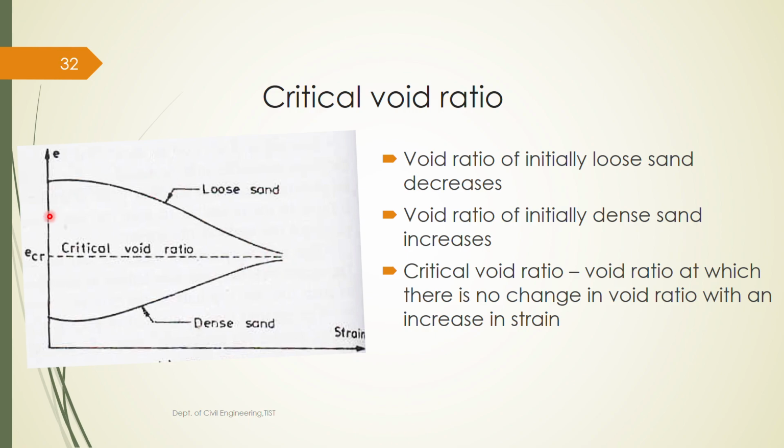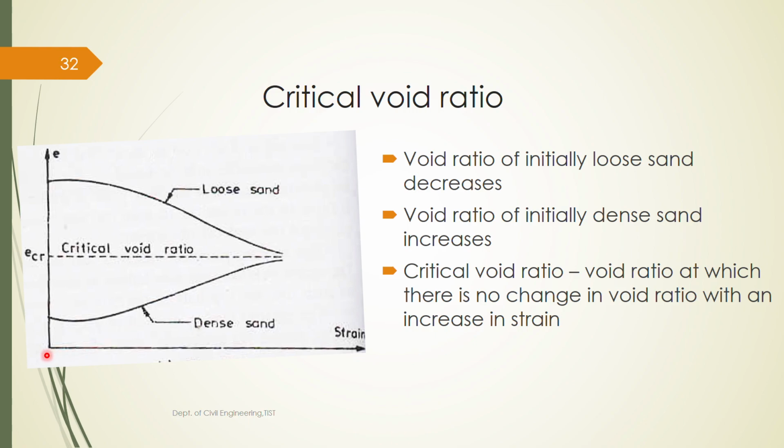So you have a critical void ratio, e_cr, where even if the strain value is increased, the e value will not change. For that type of soil, if the void ratio is the critical void ratio, then the curve will be a straight line like this.